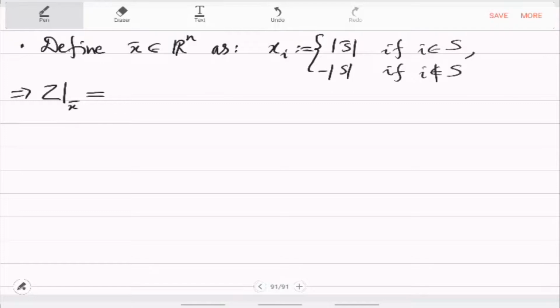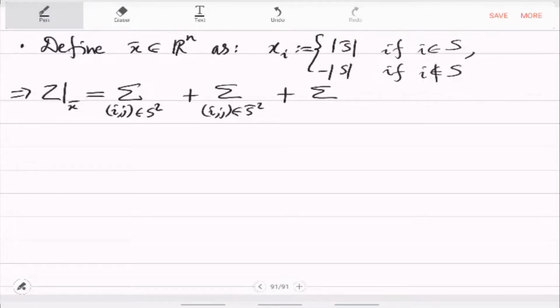So let us break the sum into 3 parts. So one is within S, then within S bar, and then across.